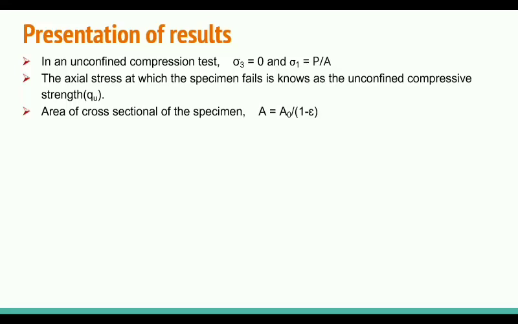Length is reducing. Total length is getting reduced. And the cross section area is getting increased because it will form a bulging shape, right? So the area of cross section of the soil specimen will increase, and that will not be equal to the original cross section area of the soil specimen.